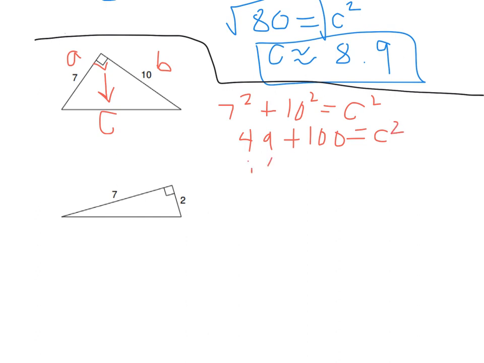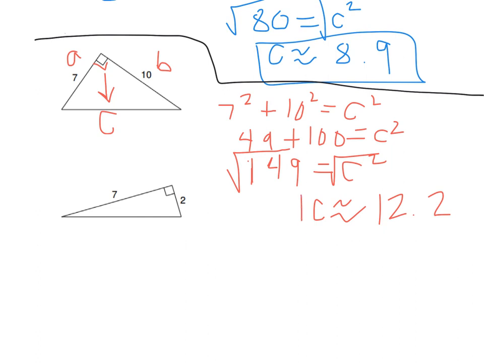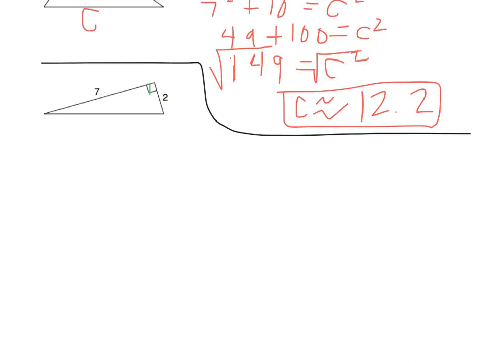So that would be 149 equals C squared. And then we square root both sides to get C by itself, which is about, the square root of 149 is about 12.2. So we get 12.2.